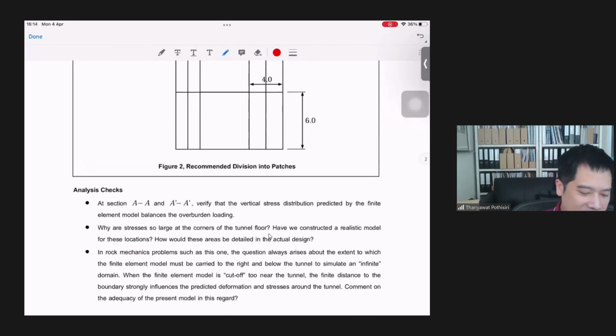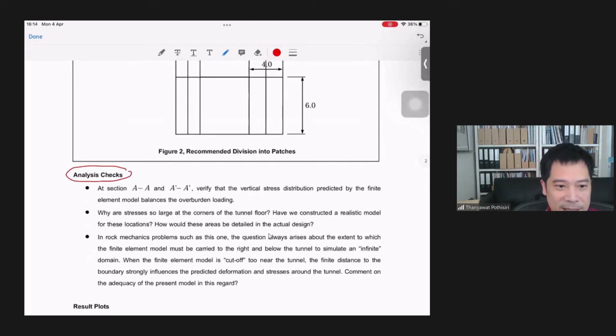Now, there are certain analysis checks that I recommend here. By analysis checks, it means that because you are performing a finite element analysis, the solution that you obtain should be an approximated one, right?